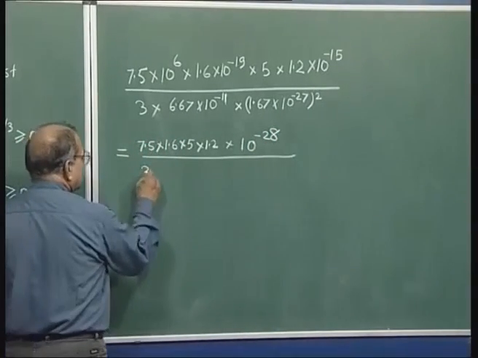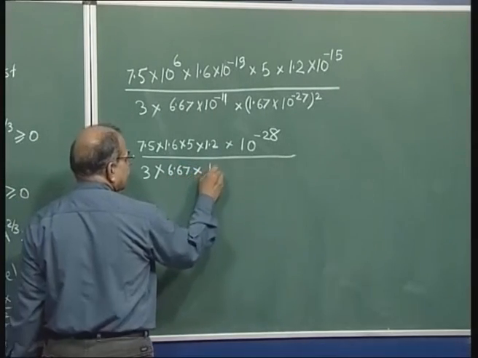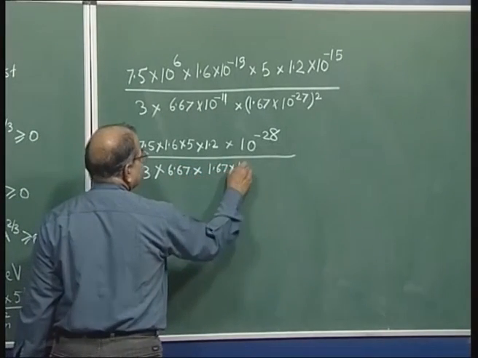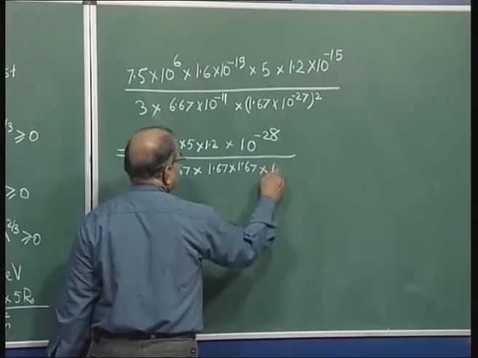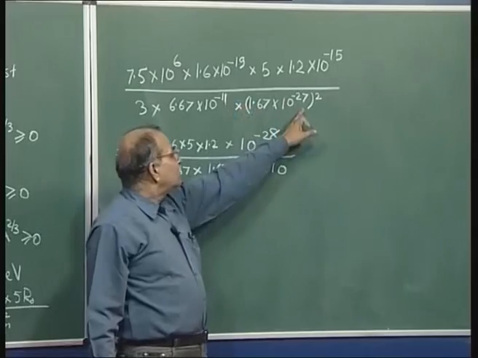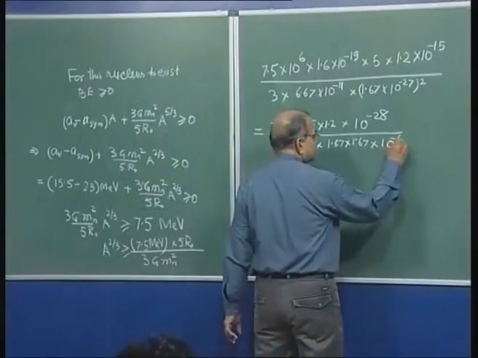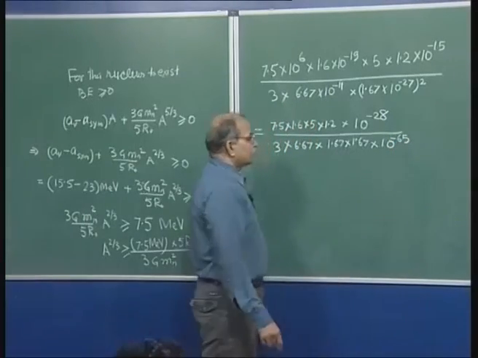And this side, 3 into 6.67 into 1.67 into 1.67, and then you have 10 to the power minus 11 from here and minus 54 from here. So, minus 65.